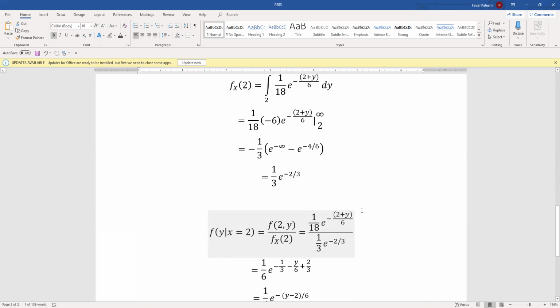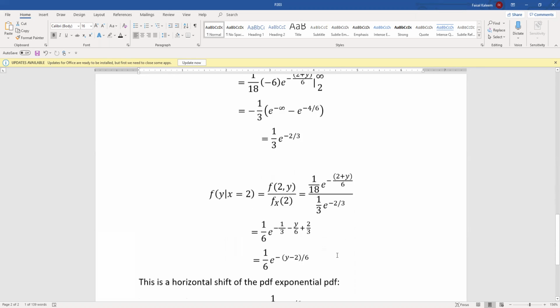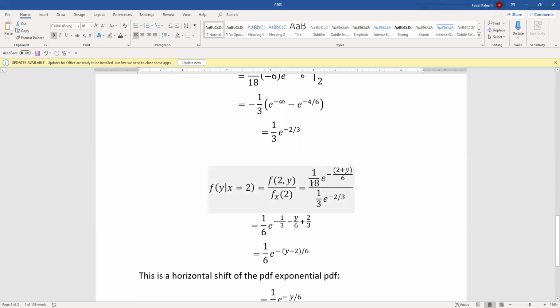And now we have everything that we need. So f of 2, y, as we said, we substitute 2 in the joint PDF, so we get 1 over 18 e to the negative 2 plus y. Remember, there was x here in the joint PDF, so substitute 2, and then fx of 2 we just calculated here. And now combine the two exponentials. 1 over 18 over 1/3 is 1 over 6.